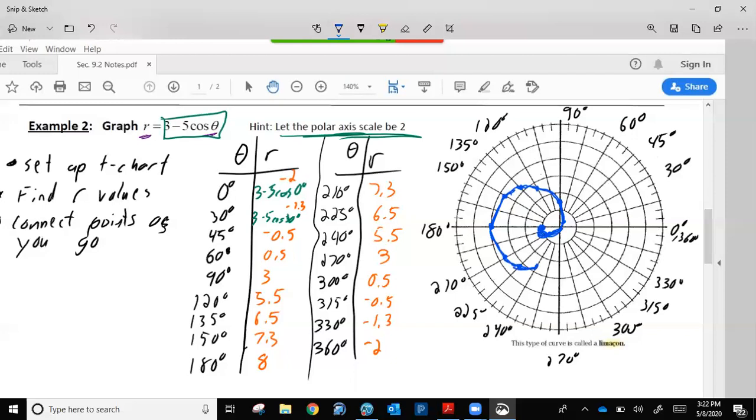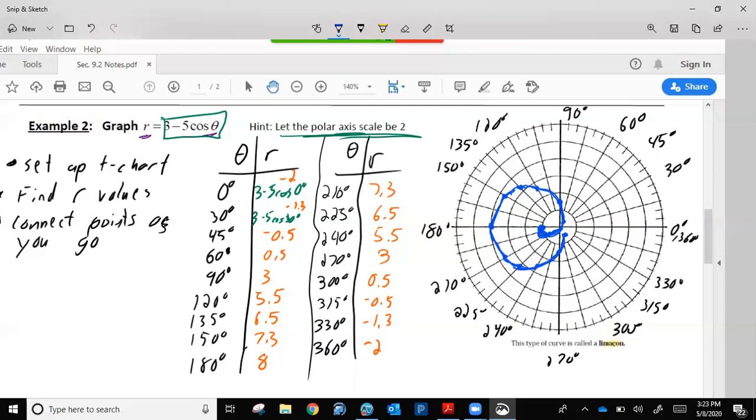Or excuse me, 5.5 I meant. And 270 is at 3. So that's between the first and second ring. Bringing me back in 3/4 of the way there. 300 is 0.5, so 300-degree angle. 0.5 is really close to that pole.